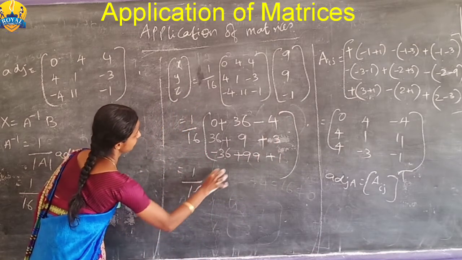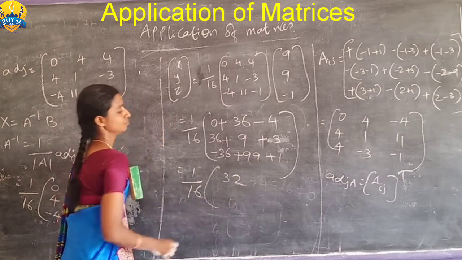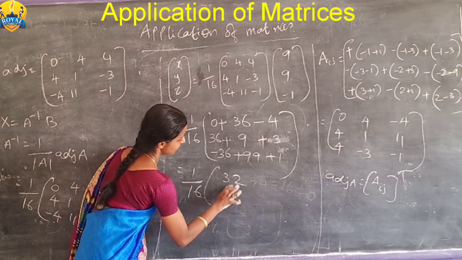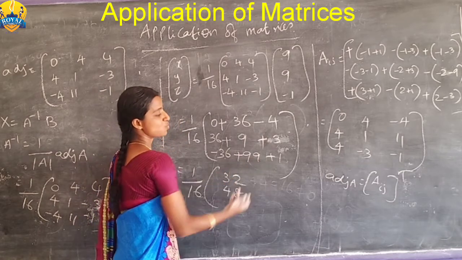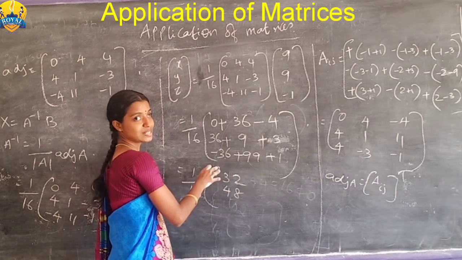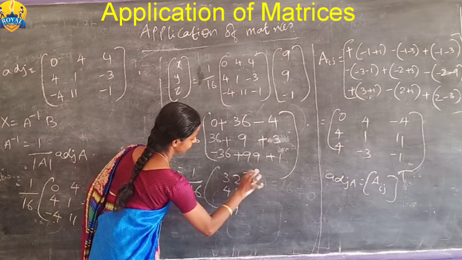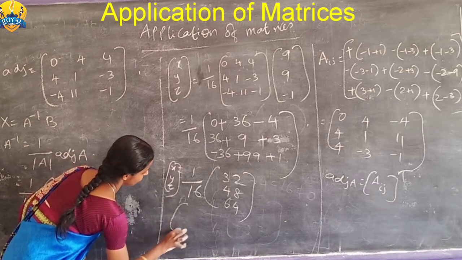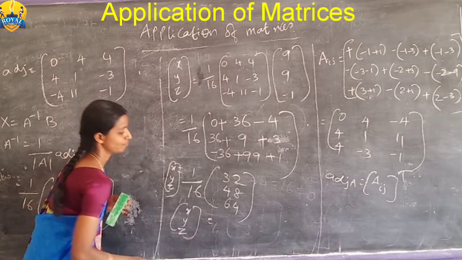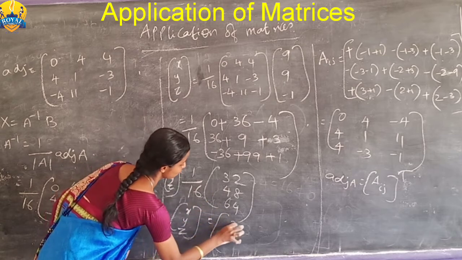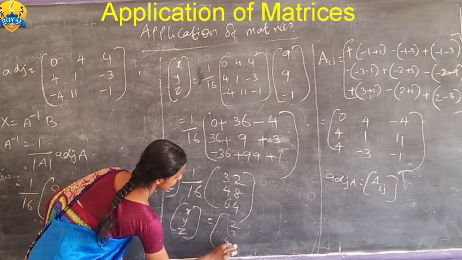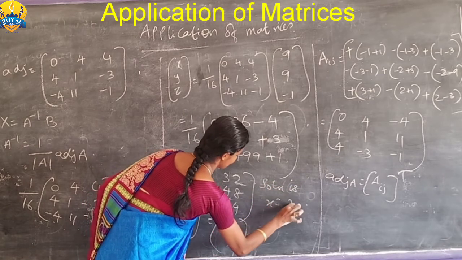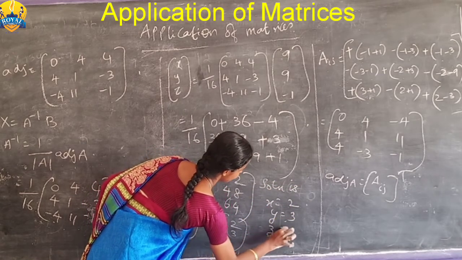That equals 1 by 16: 36 minus 4 is 32, here 36 plus 9 is 45 plus 3 is 48, 99 plus 1 is 100, 100 minus 36 gives me 64. I have here x, y, z equal to 16 how many times 32? 2s are 16, 3s are 48, 4s are 64. So my solution is: the value of x is 2, y is 3, z is 4.